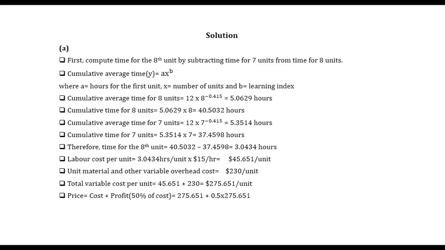So 275.651 plus 0.5 times 275.651, which if we sum, we obtain $413.48 per unit, and our question is done.